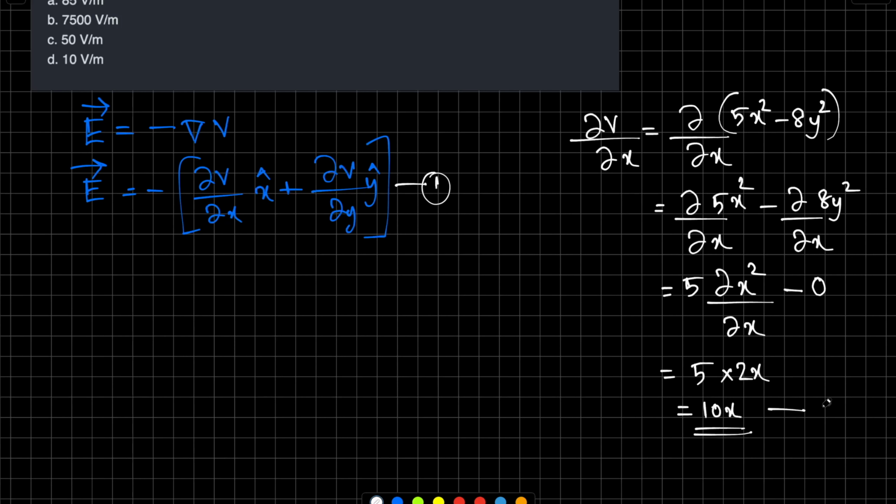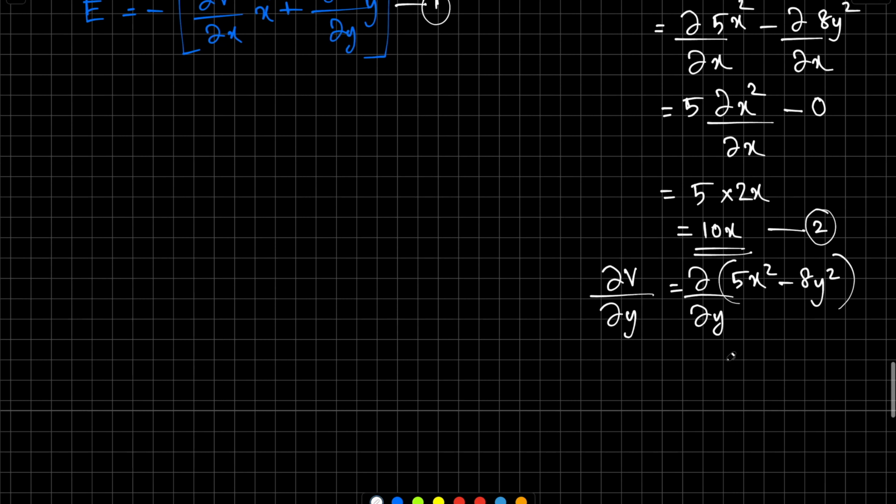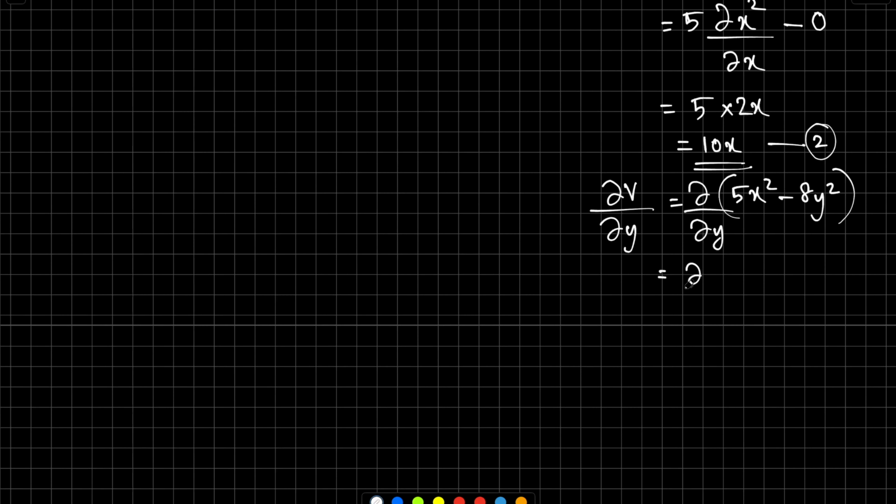Let's call this equation number 2. Now let's find dou v over dou y. So dou by dou y of the same potential function, 5x square minus 8y square. Dou by dou y of 5x square minus dou by dou y of 8y square. We are partially differentiating with respect to y.